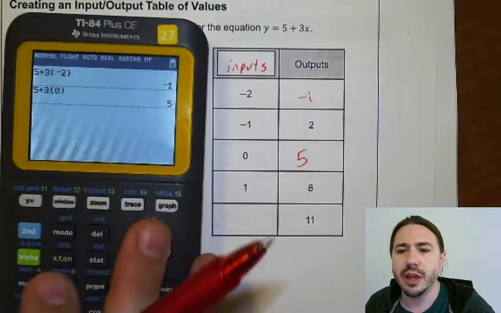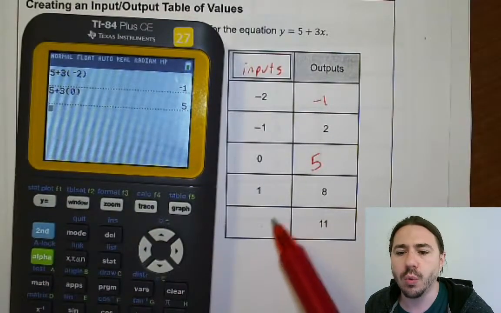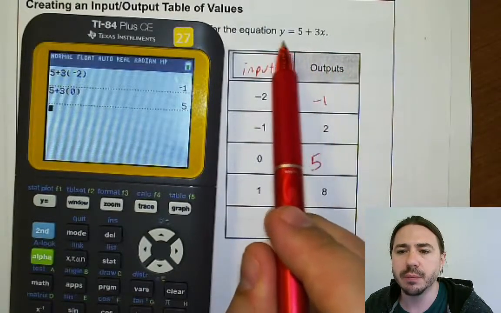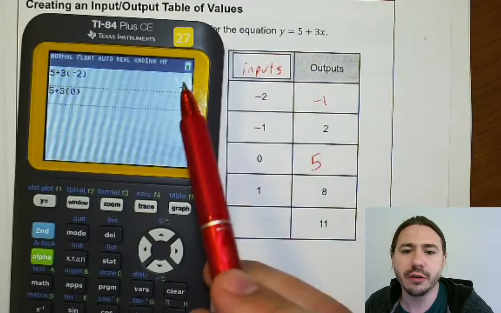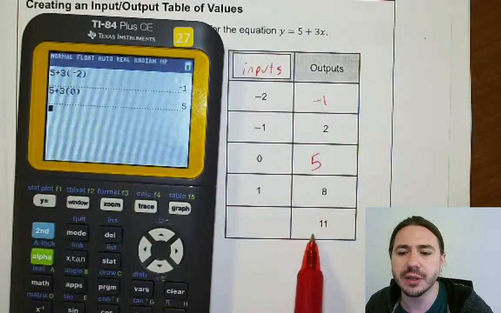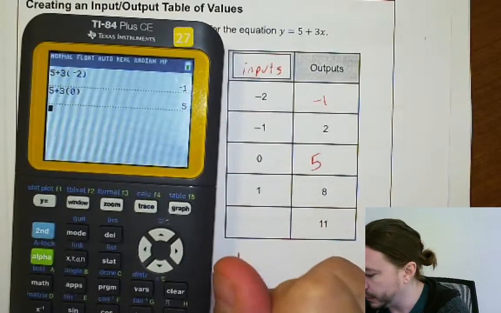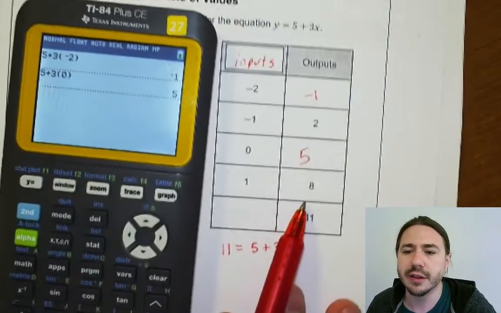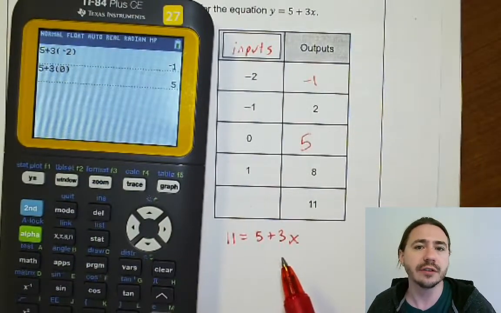So if I want to figure out which input gives me an output of 11, I'm not going to do what I did over here, which is to plug it in. Instead I have to substitute 11 for y, and that would look like this. This looks like an equation I'm going to have to solve.